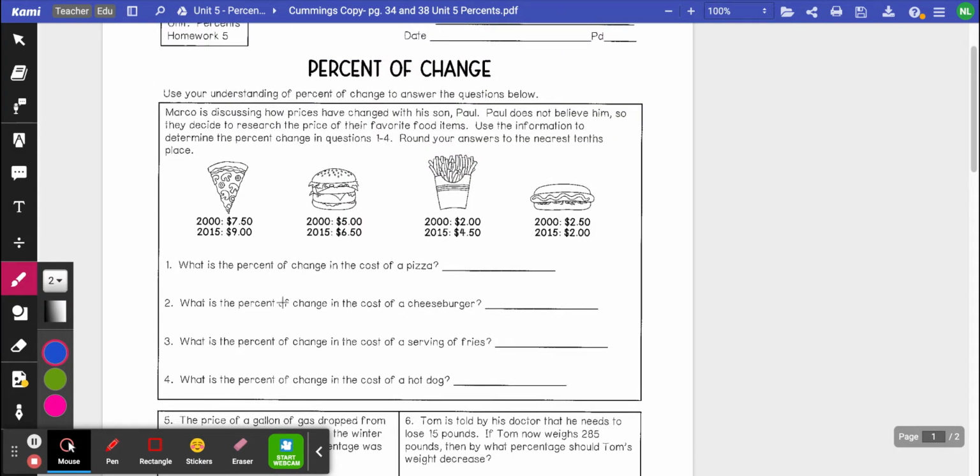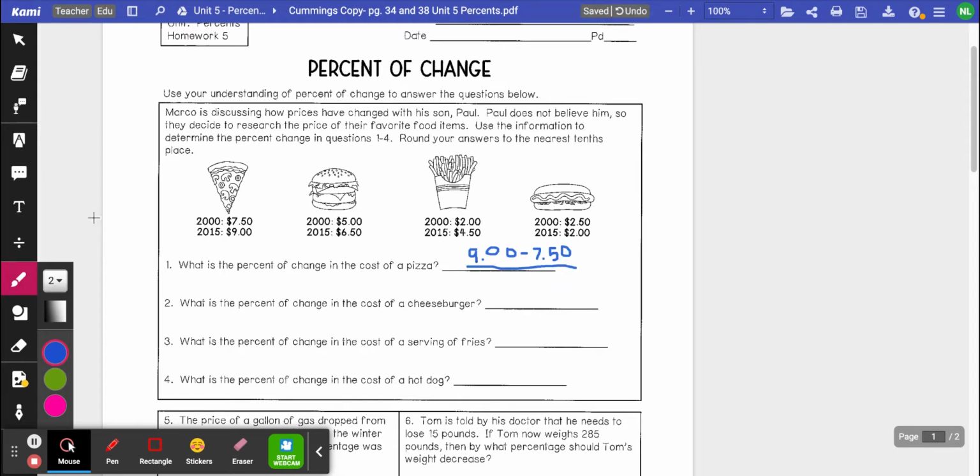So what is the percent change in the cost of pizza? So you have to find the difference. So you're doing $9, so you're usually doing the bigger amount and you're minusing by $7.50. You're then doing that in your calculator, then you're dividing it by the original amount.